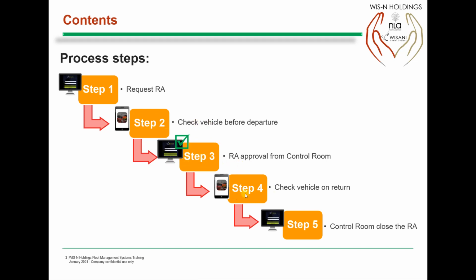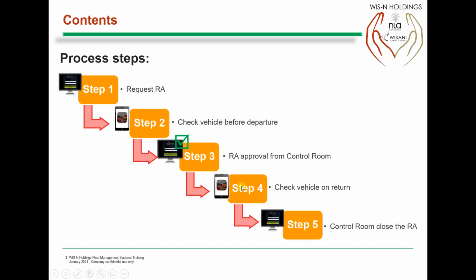So in the next video, I will show you how you're going to do the check on the Autobid system to see if the branches have done their check using the Autobid app.